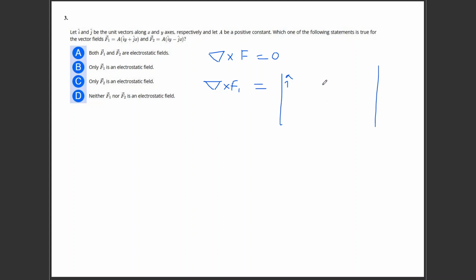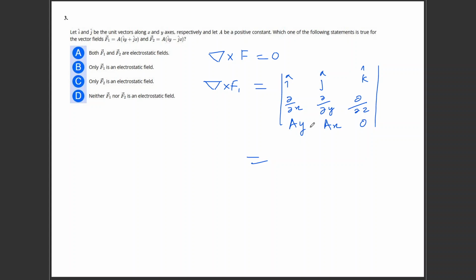the determinant of i cap, j cap, k cap; dou by dou x, dou by dou y, and dou by dou z; and here you have the x component for F1 is ay, y component is ax, z component is 0.